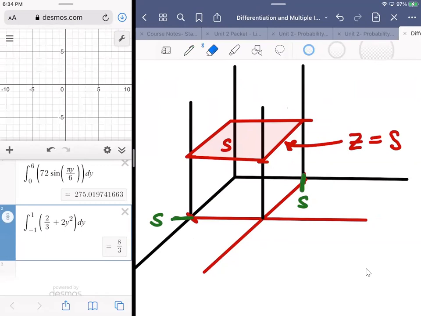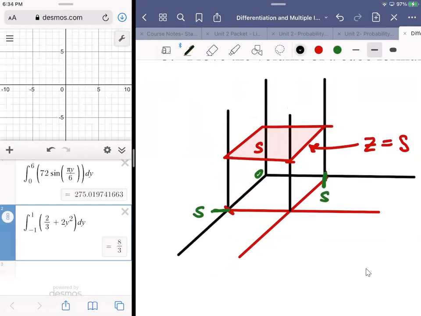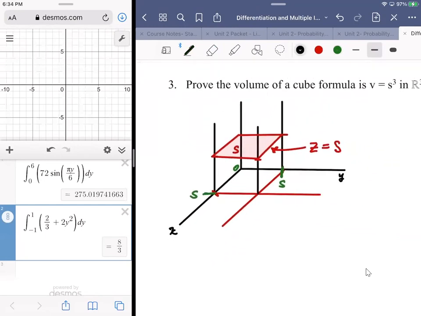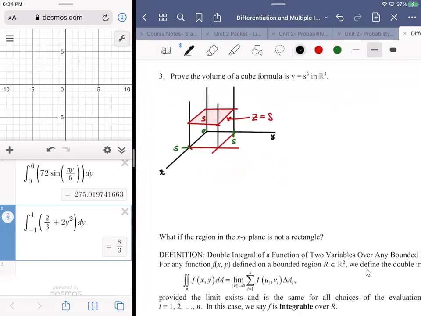So Z equals S, and it's going from 0 to S along the x-axis and also along the y-axis, and it's a square base region, right? So that's good news. I'm going to trim this down a little bit, make it look a little nicer. But quality of the drawing aside, it's pretty clear that it's at least attempting to be a cube.